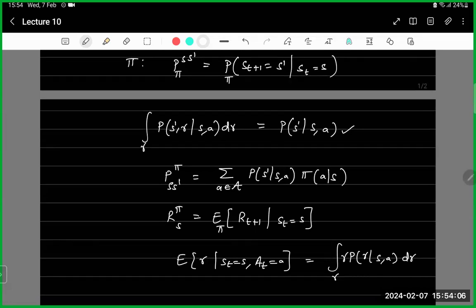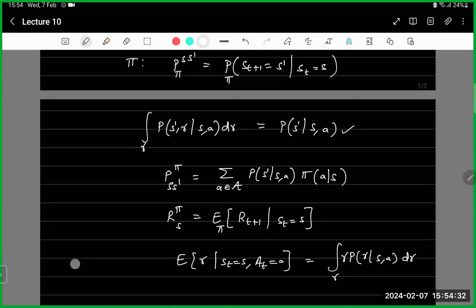This is the expected reward. I know the distribution, I'm just taking the expected value of the distribution. Expected h is the integral of h times p of h. That's what I did. Okay.